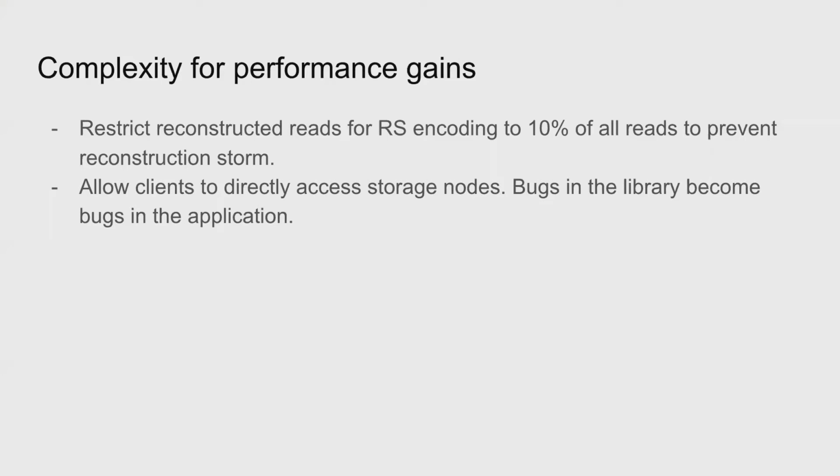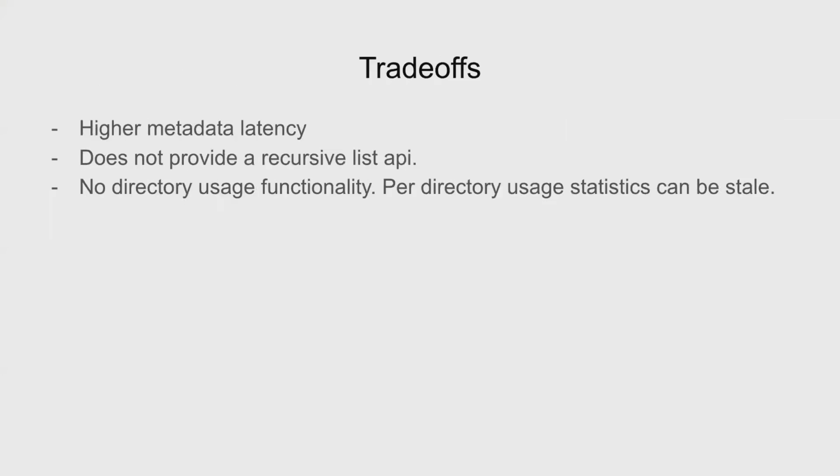They also mention a couple of trade-offs, which is higher metadata latency as compared to HDFS. HDFS operations are all in memory and it stores all of its metadata on a single node. However, as we saw, Tectonic uses a sharded key value store and all its metadata layers are disaggregated.